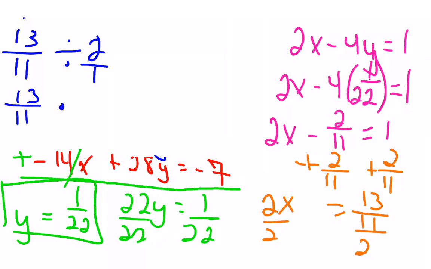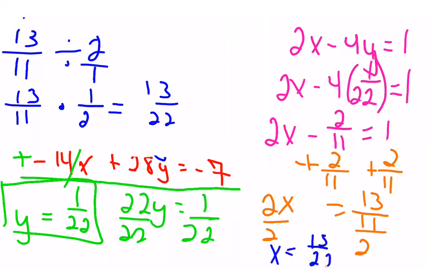We change it to multiply, but flip the second. Multiply straight across, so we get 13/22, and that doesn't reduce. So x equals 13/22. So what is our final answer? Our final answer is the point 13/22 and 1/22.